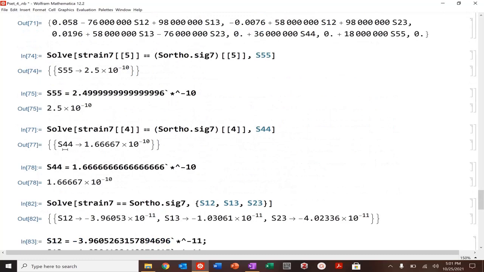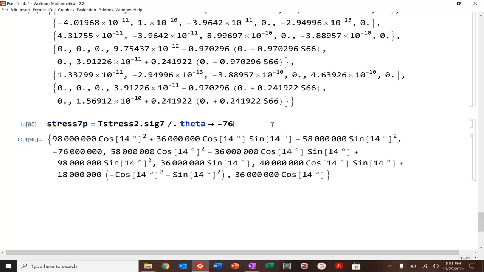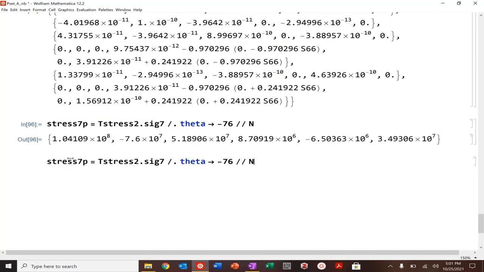I call it sig 7, dot sig 7 slash dot theta goes to minus 76. So that's my new stresses. Let's look at this numerically. I can also figure out my new strains. Strain 7P is equal to T strain 2 dot strain 7.